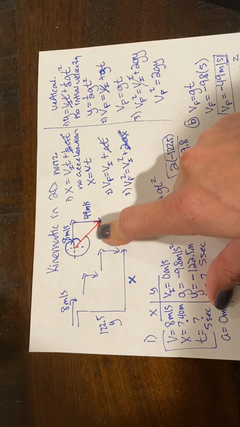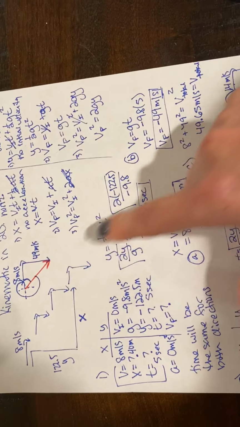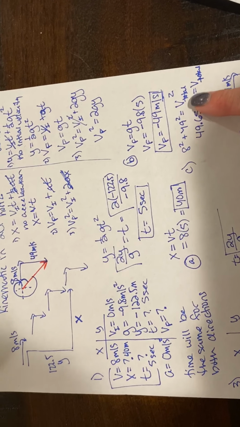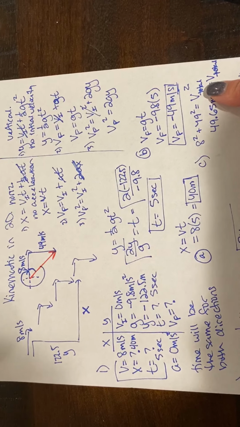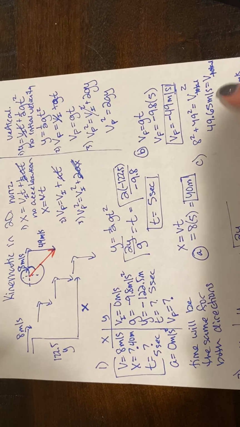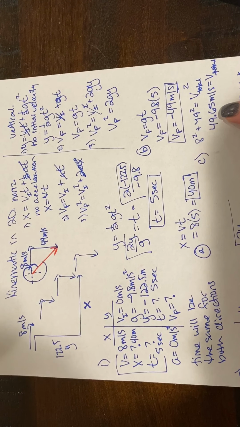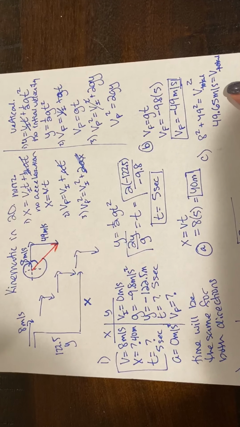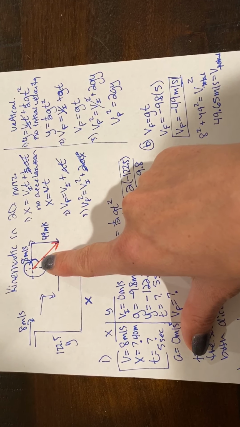Now I'm going to use the Pythagorean theorem to find my resultant vector, my total velocity: a squared plus b squared equals my hypotenuse. In this case, my hypotenuse represents the total velocity of my object right before it hits the ground. So I plug in my numbers and I find that the total velocity is going to be 49.56 meters per second.